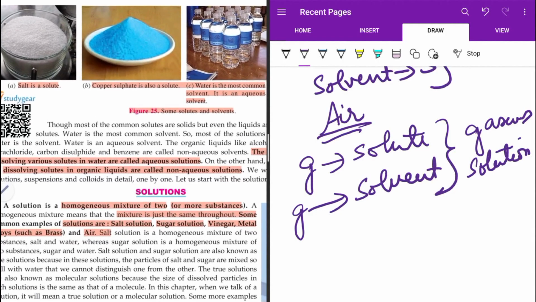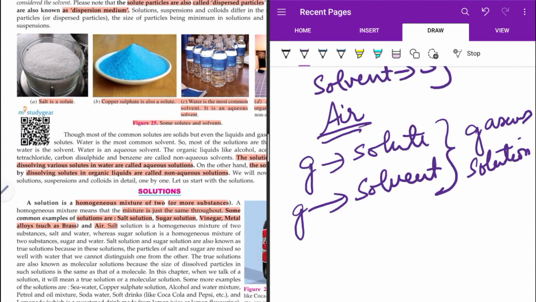So, a true solution is something which is completely dissolved. Some examples: seawater. Why seawater? Seawater contains salt, so salt is dissolved in water. Copper sulfate solution is a blue color solution. Copper sulfate is CuSO4.